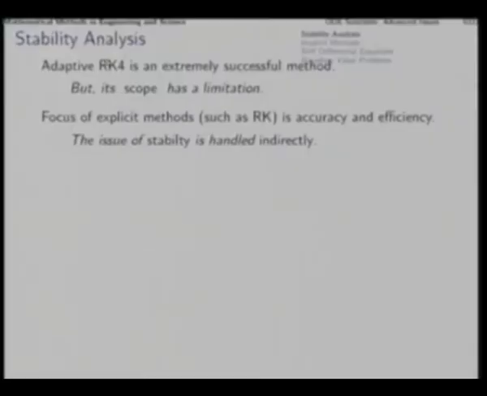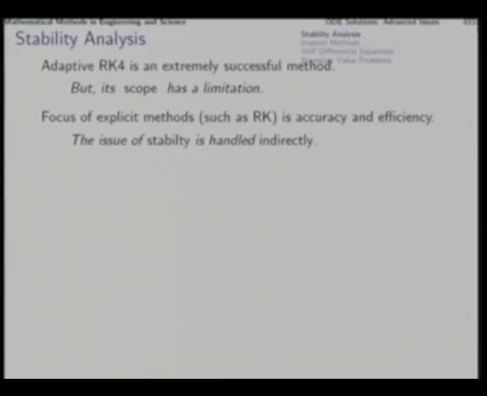We try to make a stability analysis of the method. The adaptive Runge-Kutta fourth order method, or fourth order, fifth order method, is an extremely successful method, but its scope is limited. Now, the focus of explicit methods such as the Runge-Kutta method is accuracy and efficiency of the method. For the purpose of efficiency, we use adaptation of step sizes.